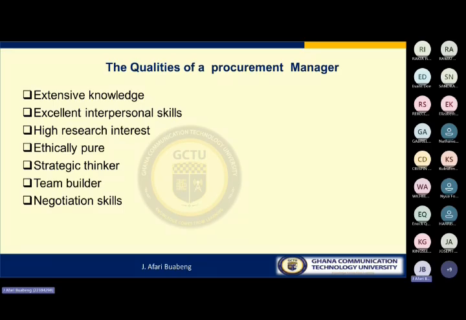And then ethically pure. In fact, you would take a course in second year, procurement principles. And one of the key principles in procurement is ethics.